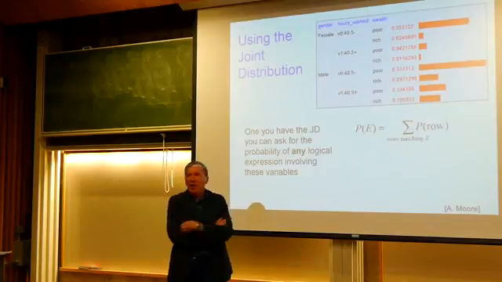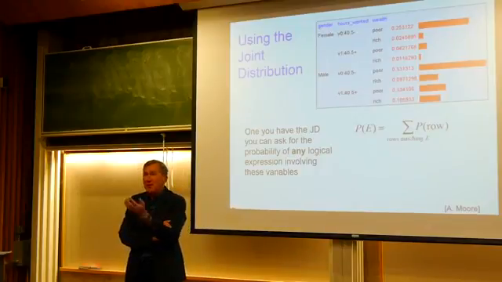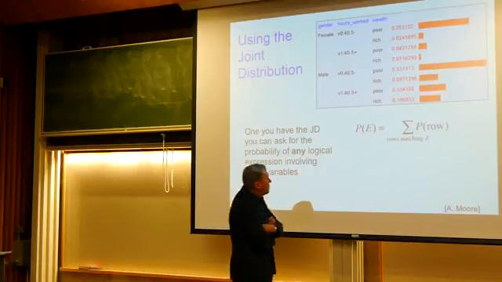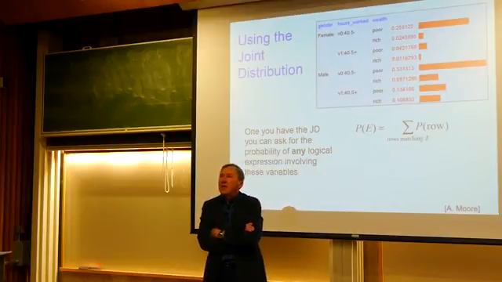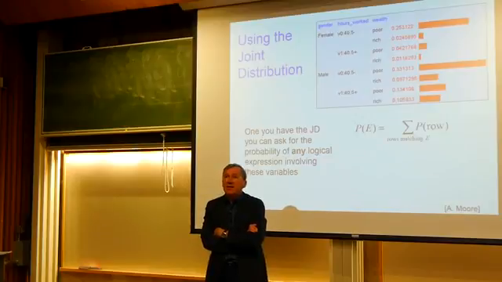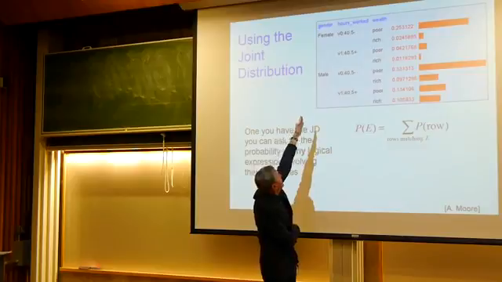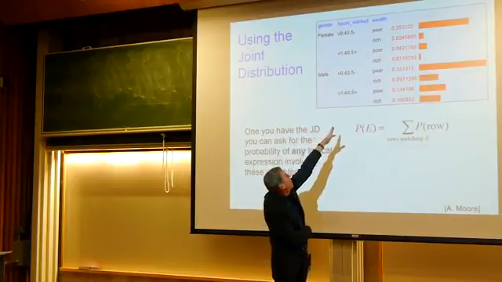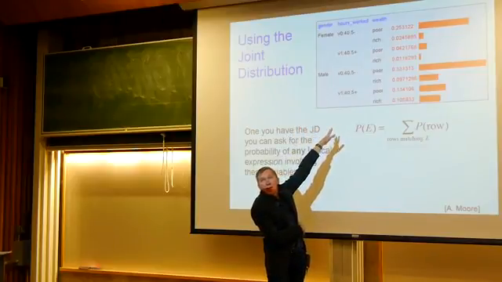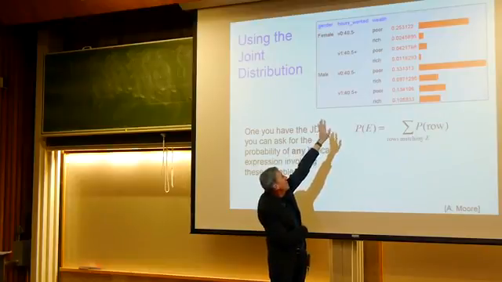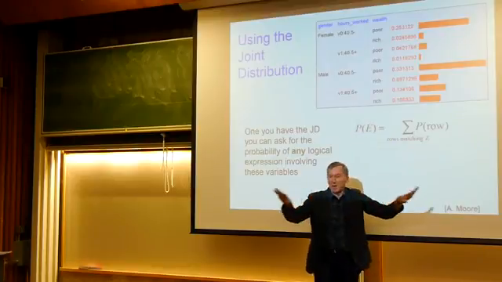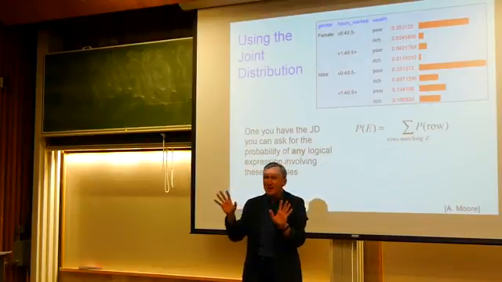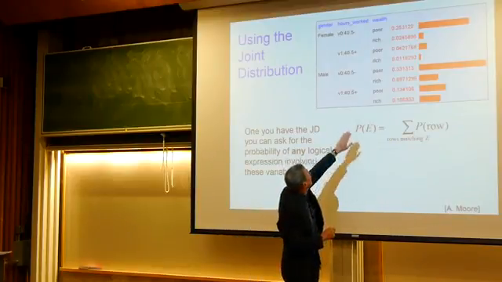My friend Andrew Moore, who went on to become the dean of the School of Computer Science, gave me this data some time ago, but it's real data from a database of people that characterize their gender, male or female, the number of hours they work in the week, more than 40.5 hours or less, and their wealth, binning everybody into either rich or poor, which seems a little bit extreme, but it is.